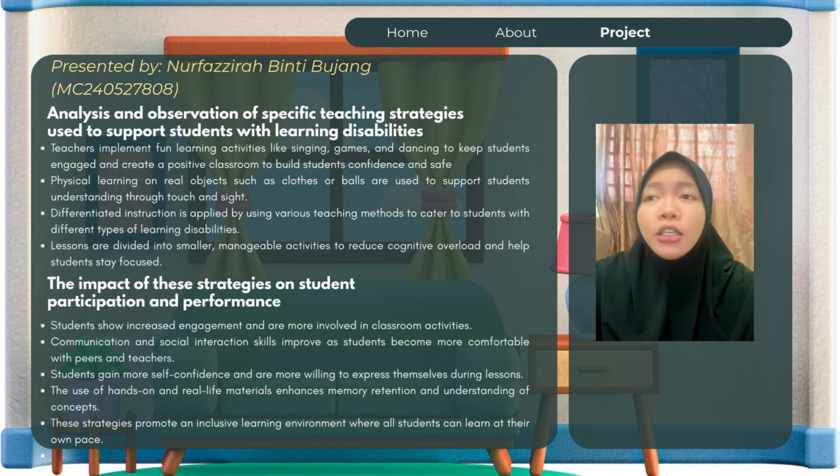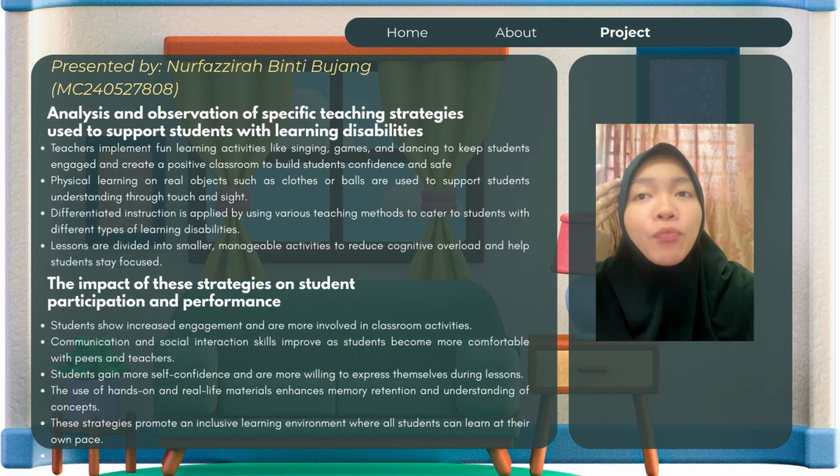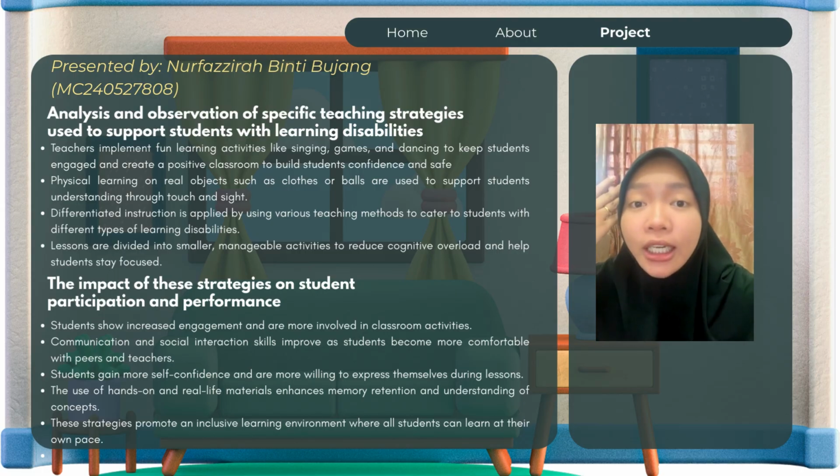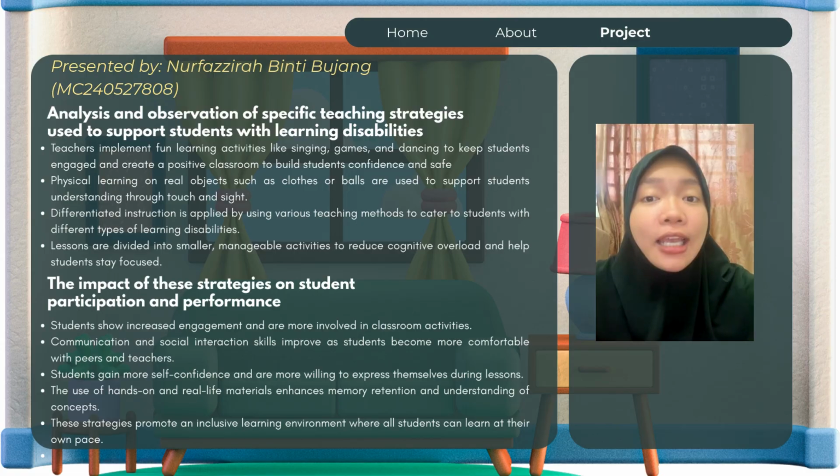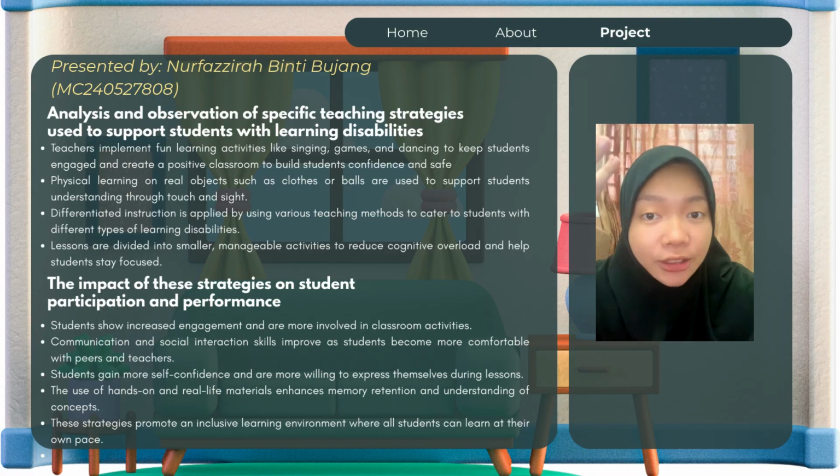And by using real-life materials, it helps students to retain information better in their minds, because they can connect words and concepts to something that they can physically see and touch.